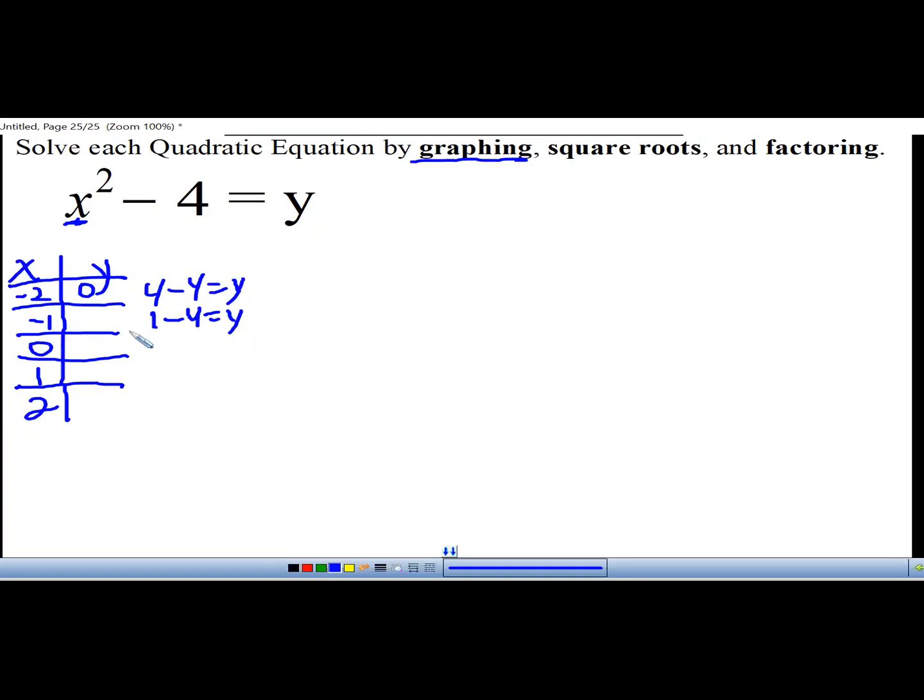So what is 1 minus 4? -3. Next value, 0. 0 minus 4 equals y, so that is -4. And the next one, 1 squared is 1 minus 4 equals y. So that's -3. And then 2 squared, that's 4 minus 4 equals y, which is 0.